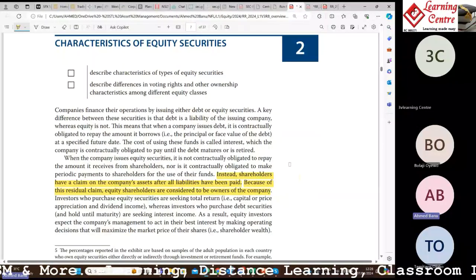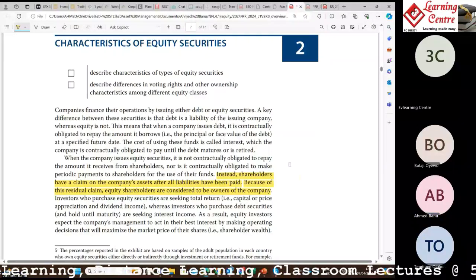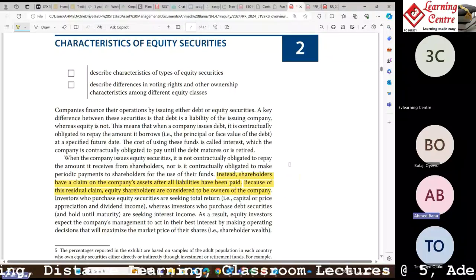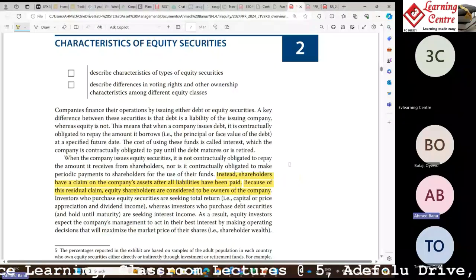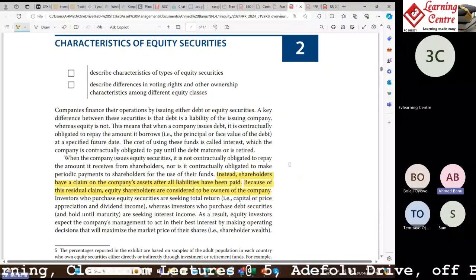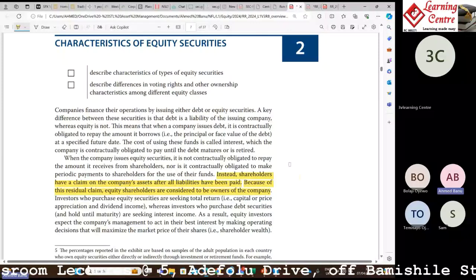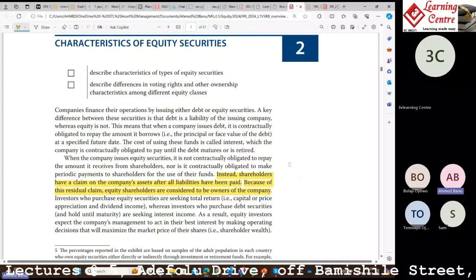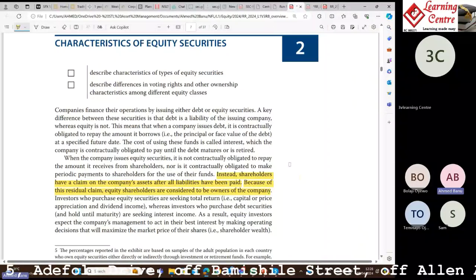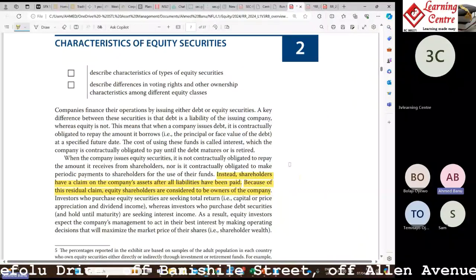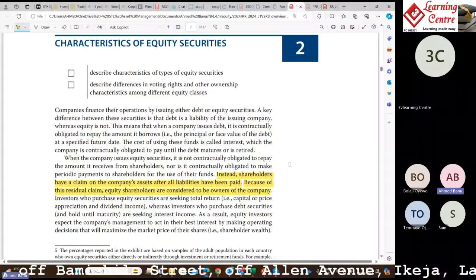You must have heard of something called limited liability. Limited liability comes from the fact that in the case of bankruptcy, you would lose everything that you have as your equity stake in that company where liability needs to be paid, but you don't have to pay beyond the value of the equity.